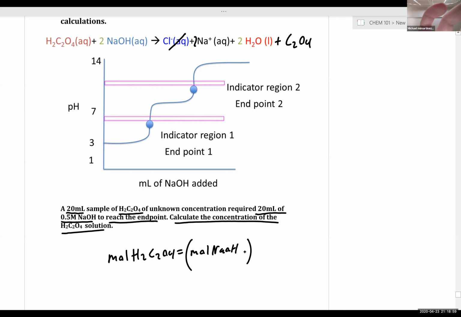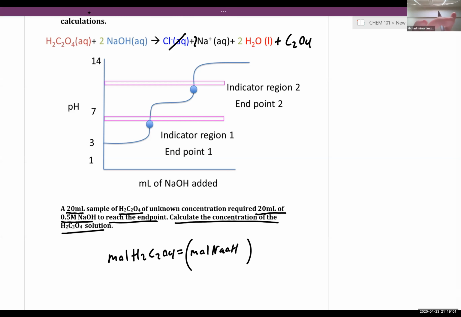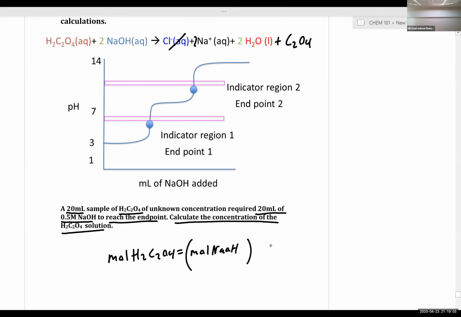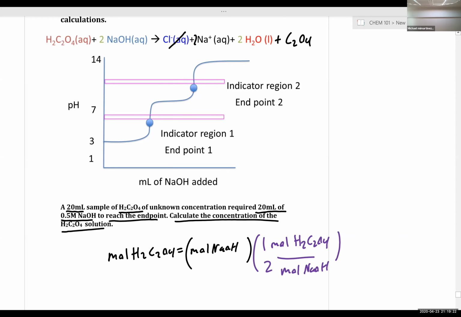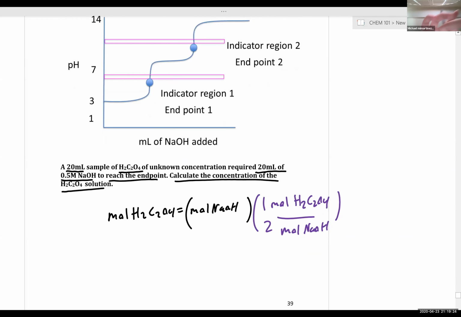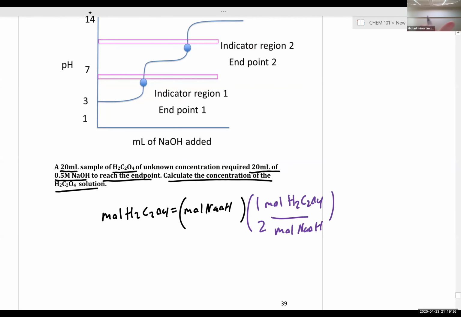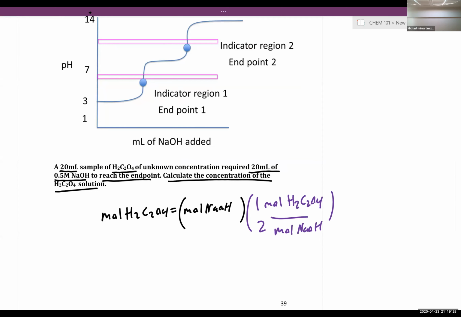And now my question to you is, how many moles of oxalic acid do we need to react completely per mole of sodium hydroxide? What is our mole to mole ratio? 1 to 2, exactly right. And this is something you can't miss because this is the only gimmick for our polyprotic acid titrations.